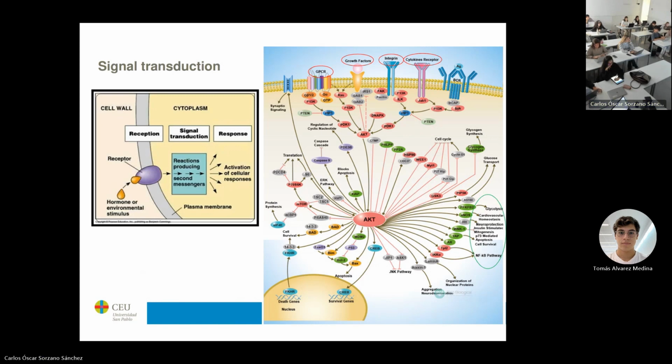Once the molecule binds the receptor, it changes the conformation, and this change elicits a lot of reactions. You already know the convention: arrows mean that this path is activated, while these red lines mean that this path is inhibited.